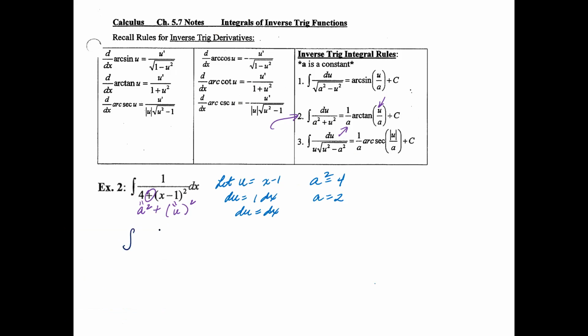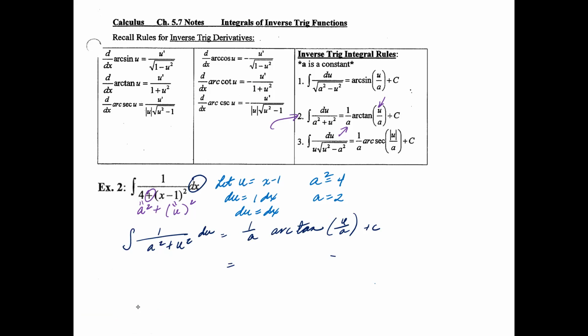So you have the integral of 1 over a squared plus u squared du, because we're replacing the dx with du. Now that's the same thing as 1 over a arctangent u over a plus c.